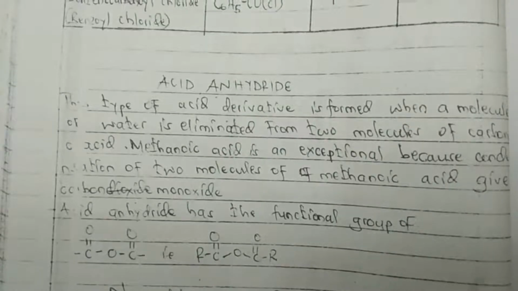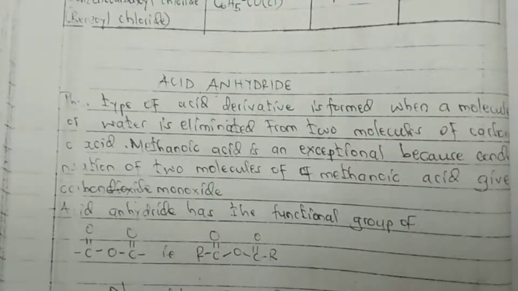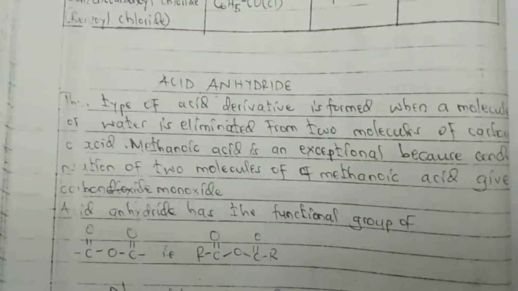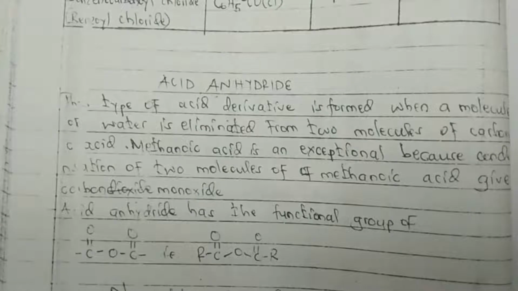Kwa hiyo that is an exceptional as compared to other acids ambazo tukizifanyia condensation basi other acids zenyewe zinatupa acid anhydride. Kwa hiyo methanoic acid ni exceptional, wakati other carboxylic acid tukizifanyia condensation zinatoa only acid anhydride, while methanoic acid inatupa carbon monoxide.